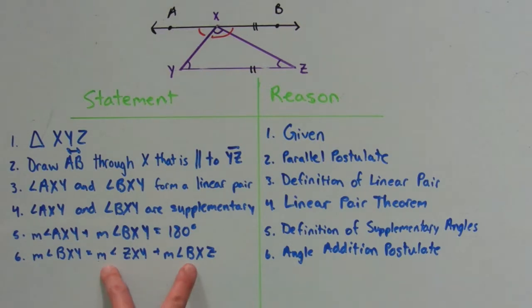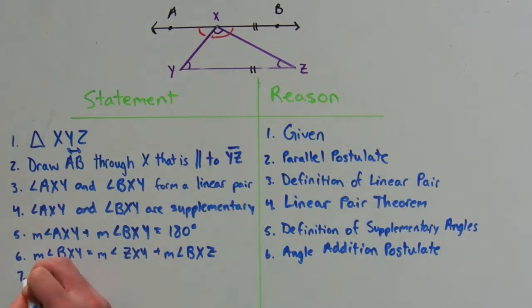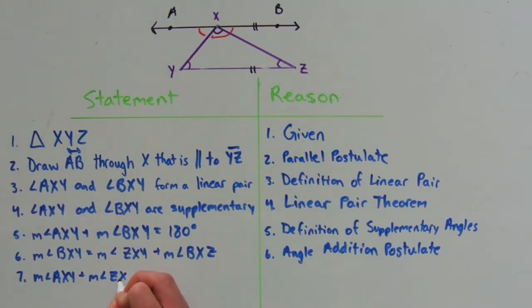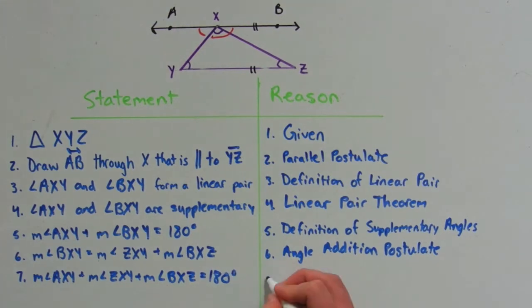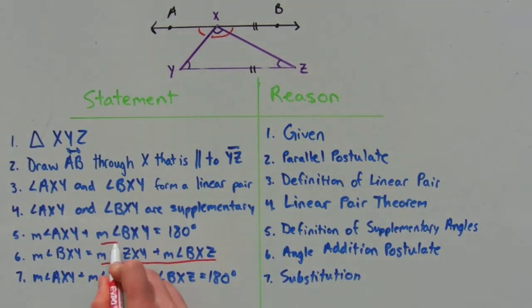Let's substitute this expression in for the angle BXY in the first formula. And we can do that through substitution. Measure of angle AXY plus the measure of angle ZXY plus the measure of angle BXZ is equal to 180 degrees.